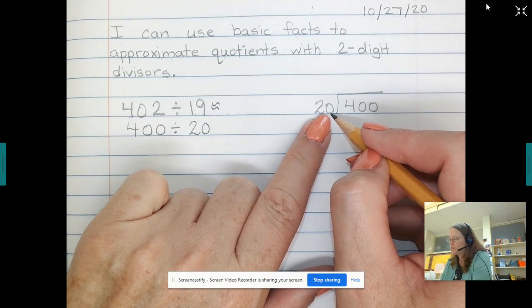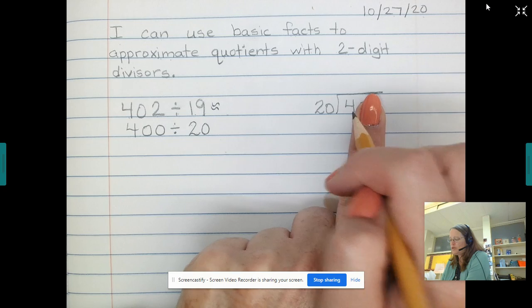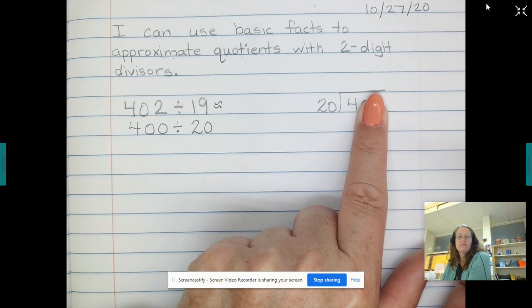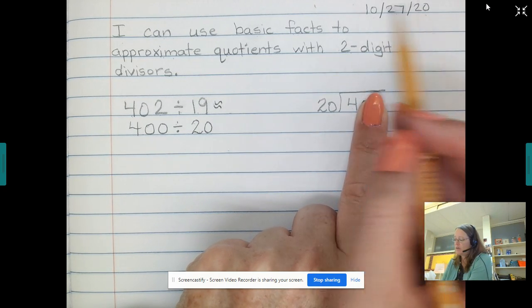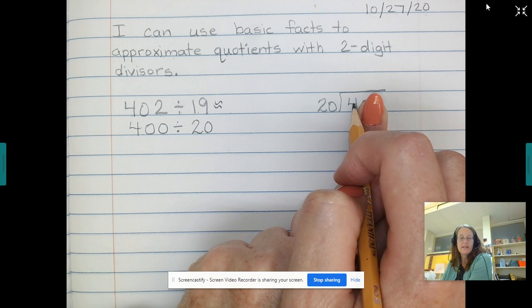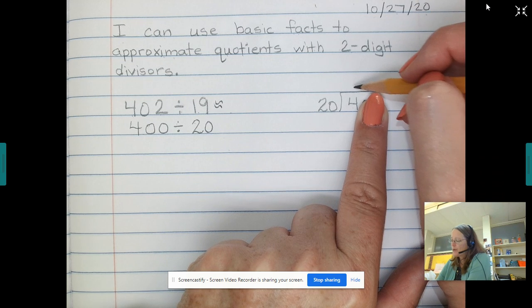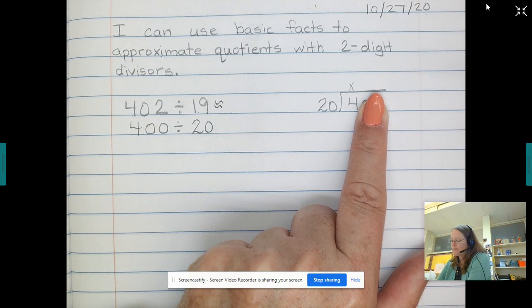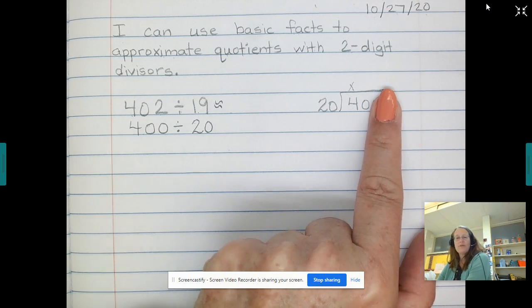So how many times will 20 fit into 4? It won't. 20 people cannot fit on a bus that only has 4 places to sit. So I kind of put a little X there. So I move over and to the next digit.